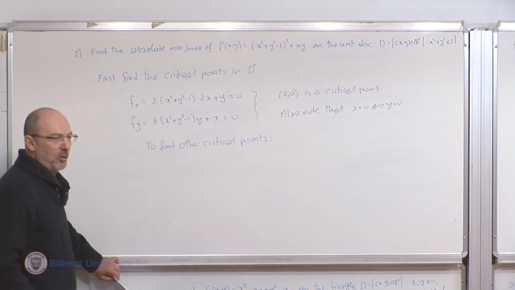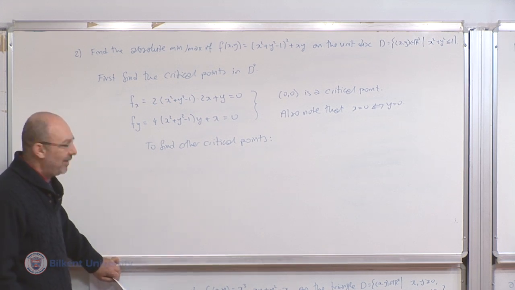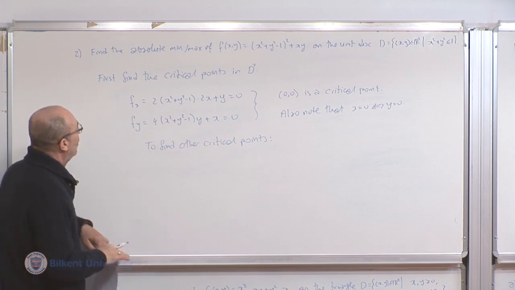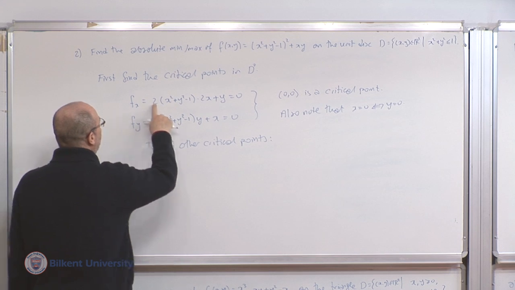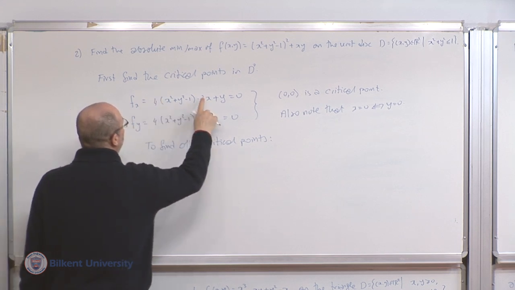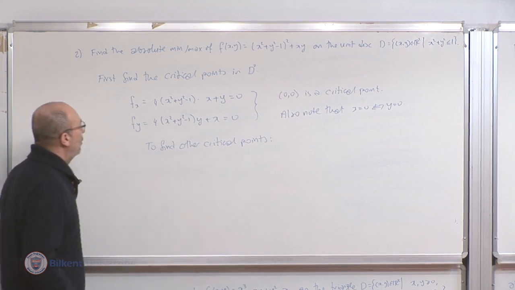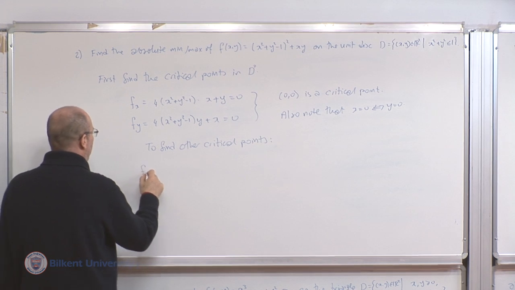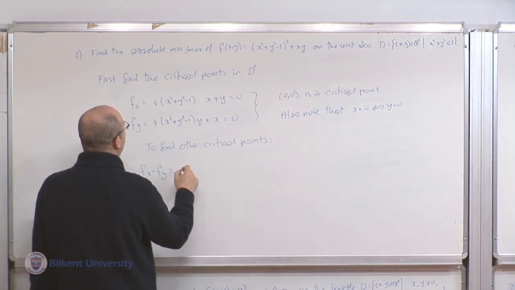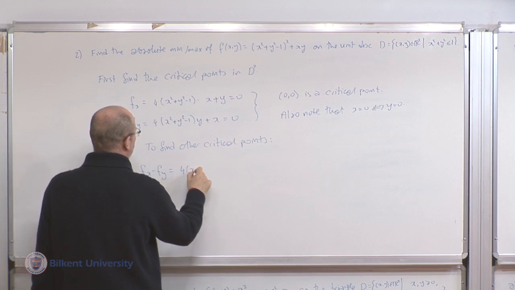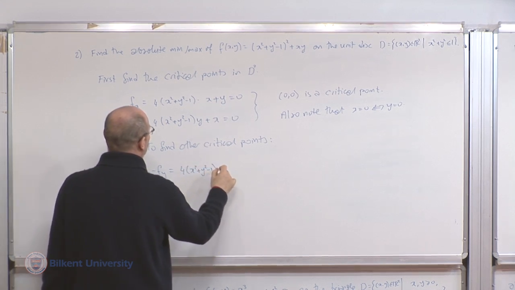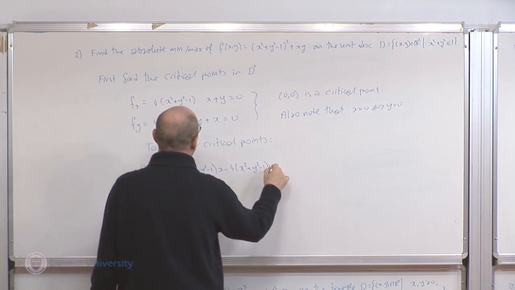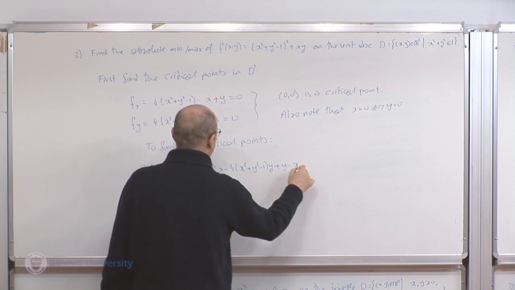Okay, so what do you suggest we do? Subtract what? Well, maybe I rewrite this. Let's do what you say, fx minus fy. We have 4x times (x squared plus y squared minus 1), minus 4y times (x squared plus y squared minus 1), plus y minus x.